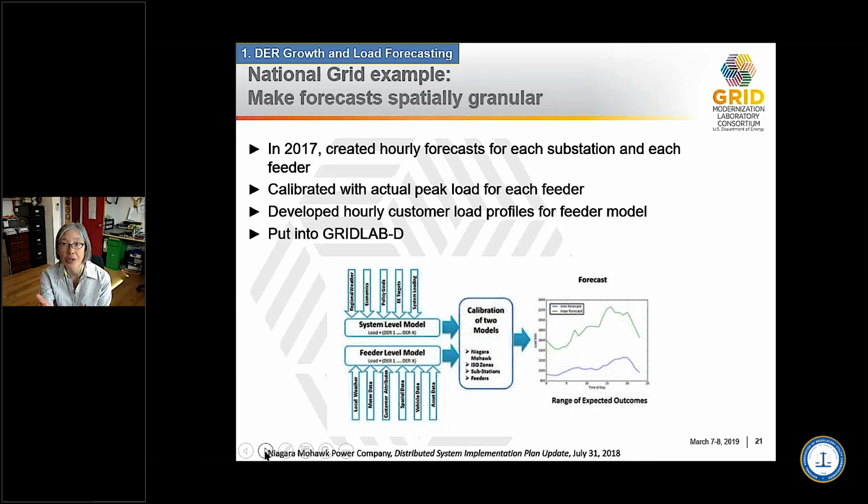In the case of National Grid, they use GridLab-D. It's an agent-based model that helps them with developing the granularity of these forecasts, and it incorporates technical and financial and market adoption considerations and all of that. Okay, Carrie, if you go to the next slide.